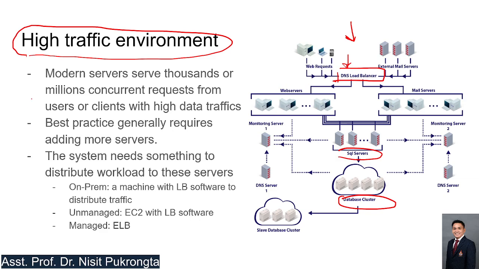because a modern server serves thousands to millions of concurrent requests from the user or client, and the best practice is that you need to add more servers, and we call this load balancing. And previously we studied auto scaling, right?